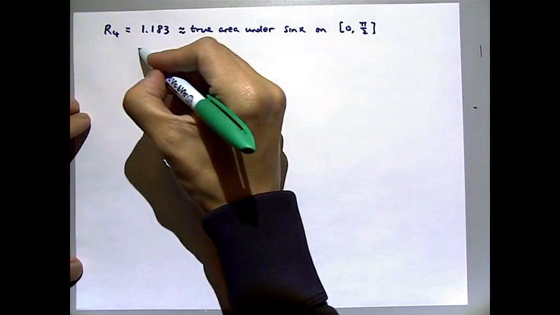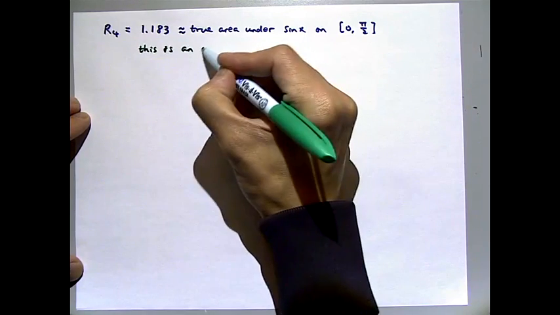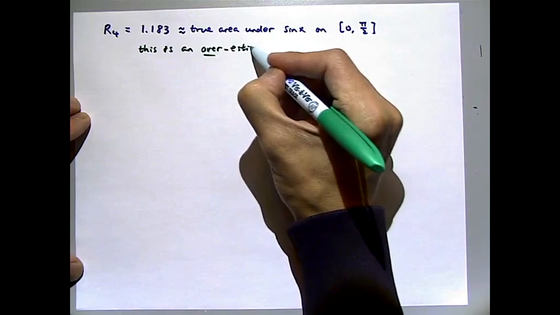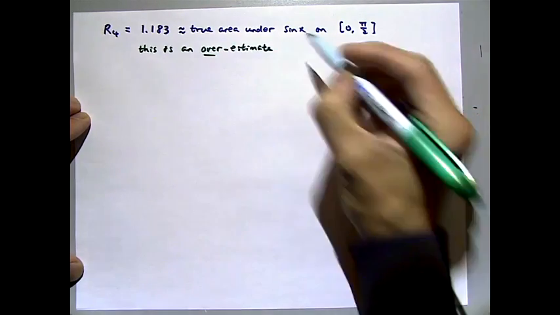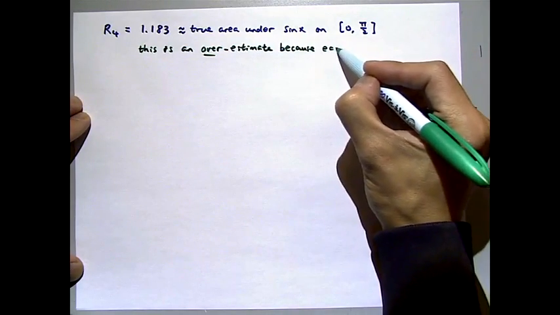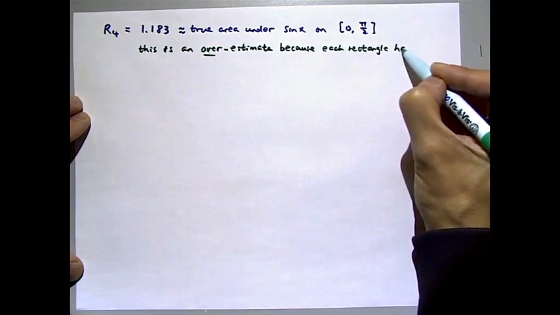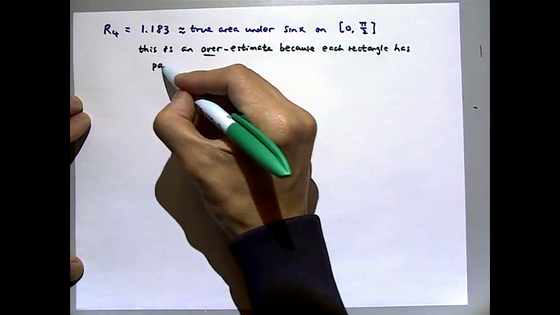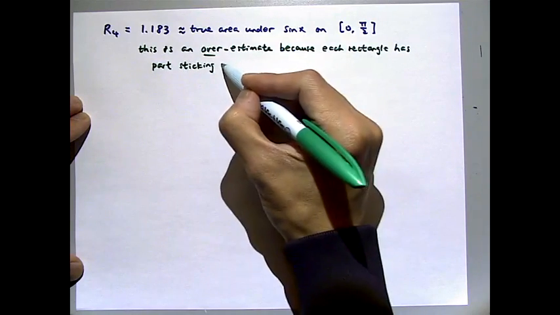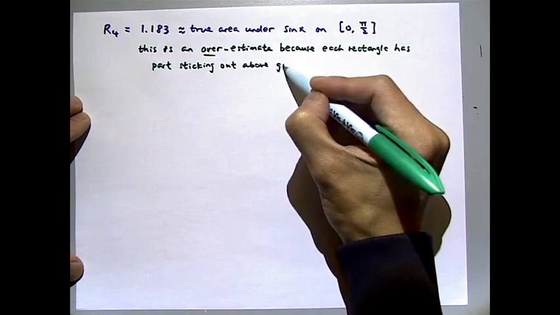So we know this is an overestimate, because each rectangle has part sticking out above the graph.